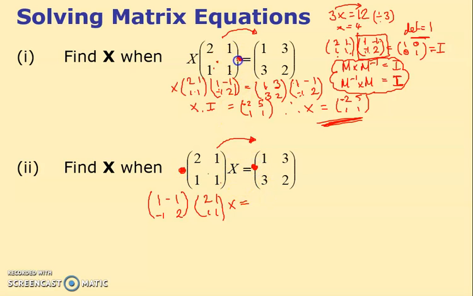Last time I times on the right, so I times on the right. So you've got to do the same to both sides. So this time, I'm going to times both sides by 1, minus 1, minus 1, 2. And I'm going to times by, this time it's 1, 3, 3, 2. And of course, the whole point about this, that times by that gives me I. You can think of it almost cancelling out.